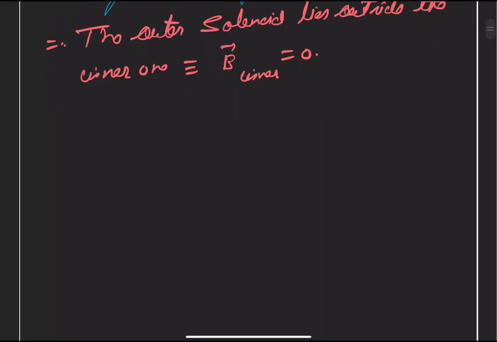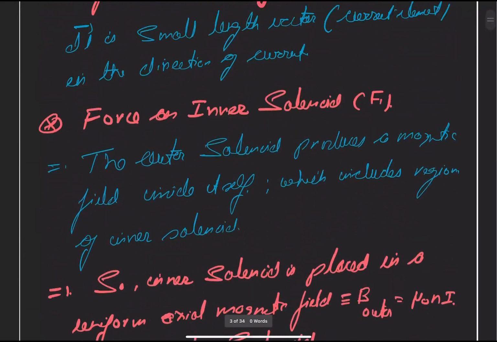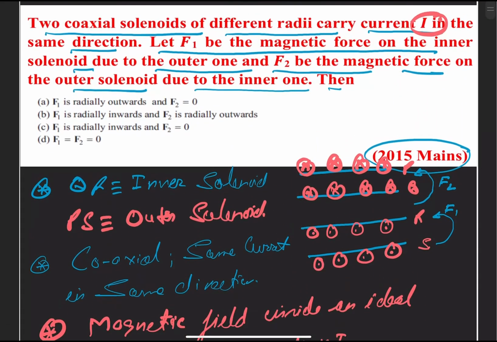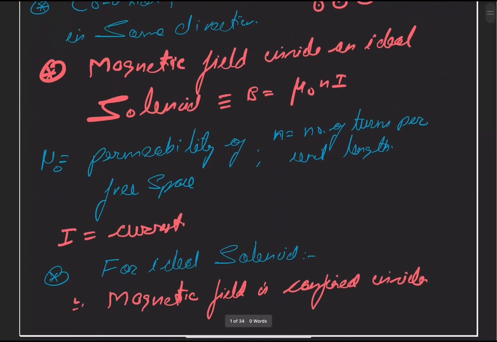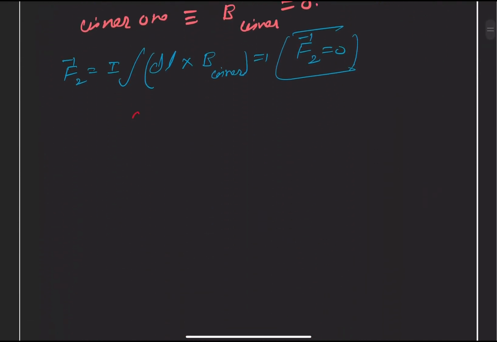So with the same formula, force F2, current is I, and we have dl cross B inner, and this gives us that our F2 is also equal to 0. So both the forces are equal to 0, F1 as well as F2. So we can say option D is the correct option.